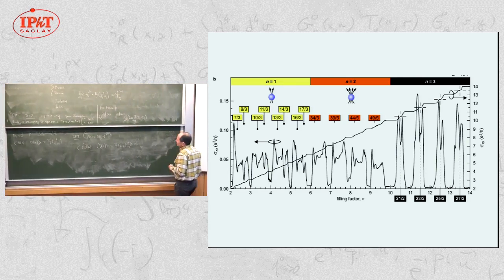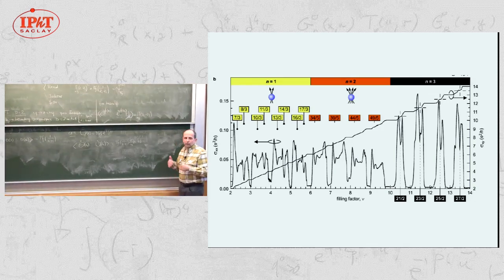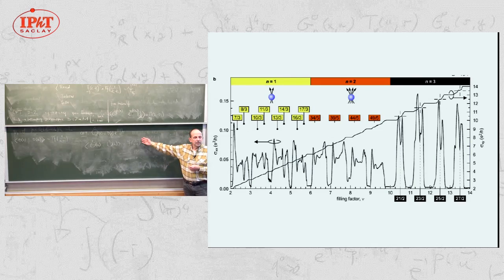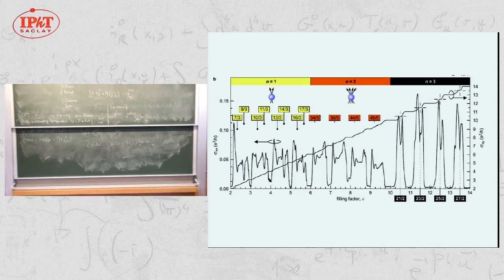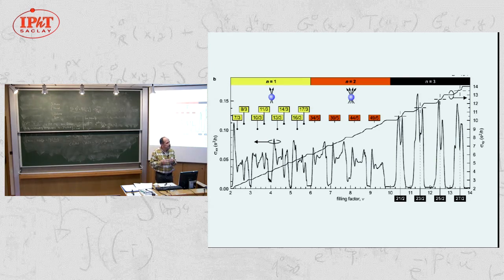So now, if the idea of Moore and Read is correct, it means that if I'm able to find a Hamiltonian for which this is the ground state, I will discover a new universality class in which I will have physical properties dictated by this CFT, and notably the edge structure of this state should be described by the same CFT.